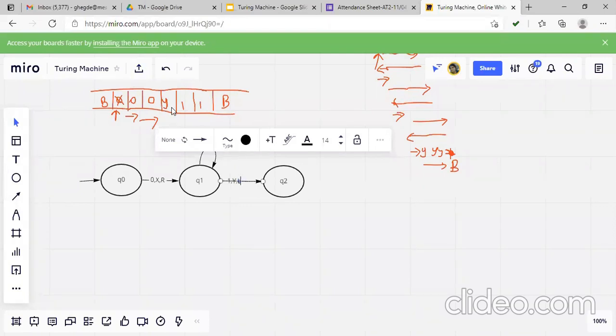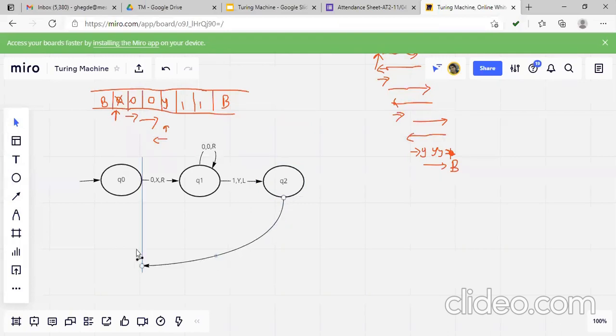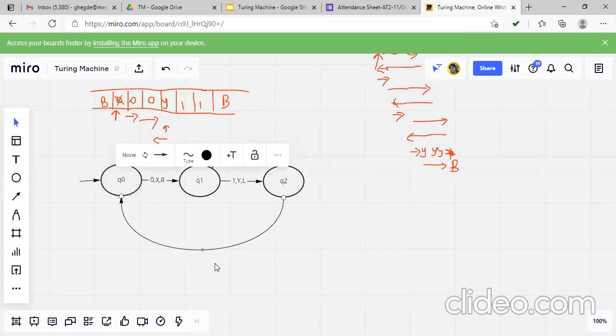Theek hai, ye y ho gaya, yahan tak 1 mila, usko y kiya and move left. Where do we have to stop? Till we get a x. Very good. Till we get a x, and we get only 1 x, right?